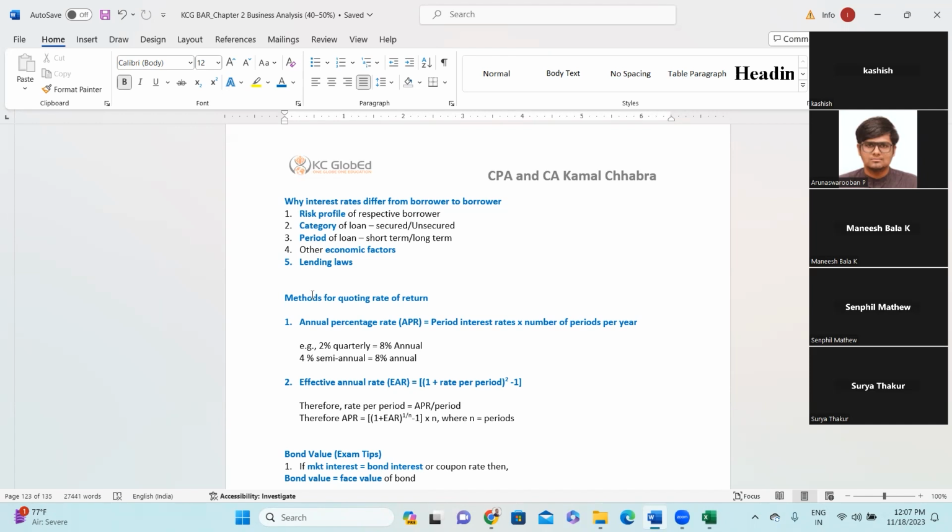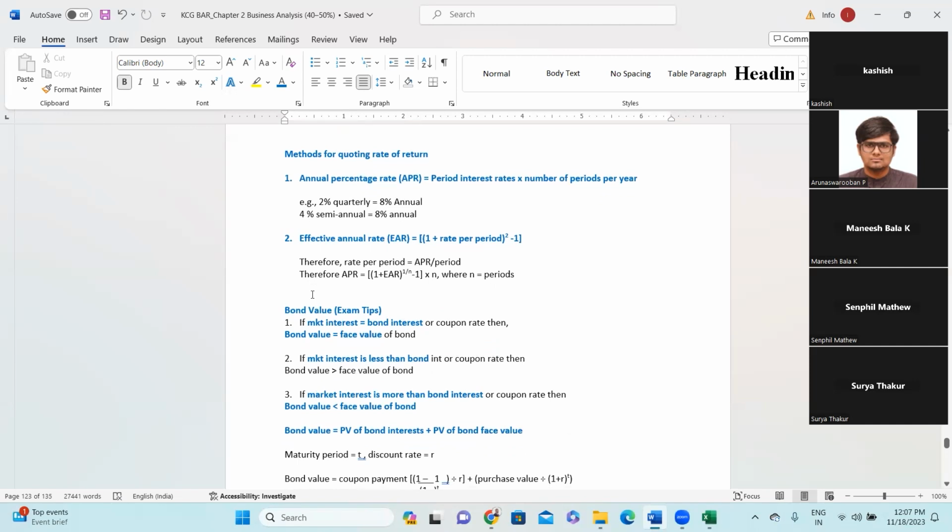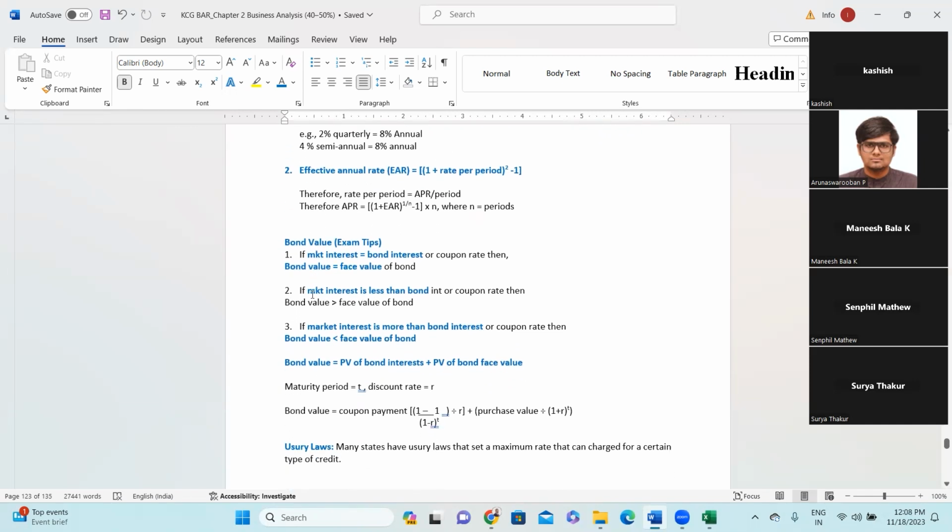Methods for quoting rate of return. First, annual percentage rate, which is the period interest rate multiplied by the number of periods per year. For example, 2% quarterly is equal to 8% annually. 4% semi-annually can be 8% annually. Second is effective annual rate, that is (1 plus rate per period) to the power n, minus 1.